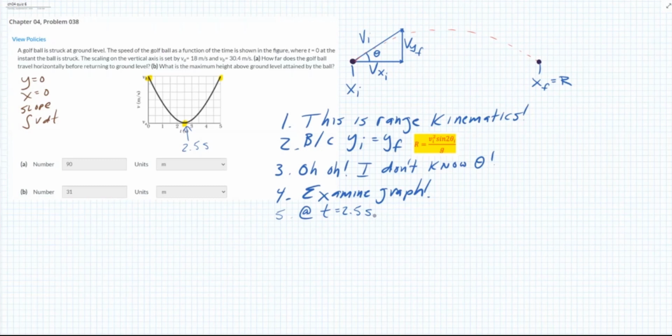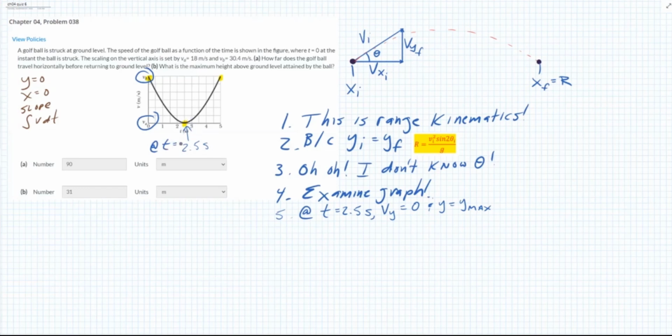I can say the following: Vy equals 0 and y equals y max. Why am I saying that? Because I have VB here and I have VA here. At t equals 2.5 seconds, you know what I have here?